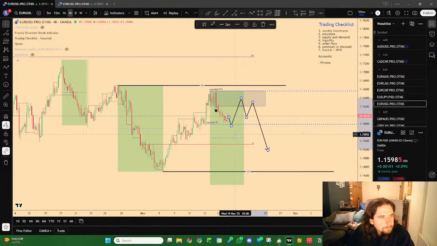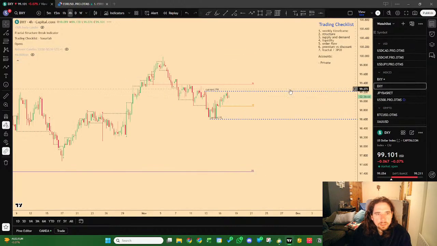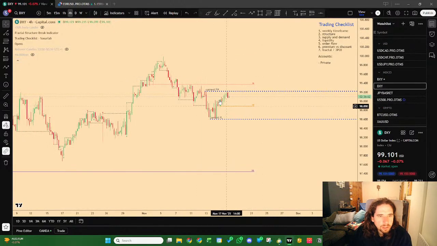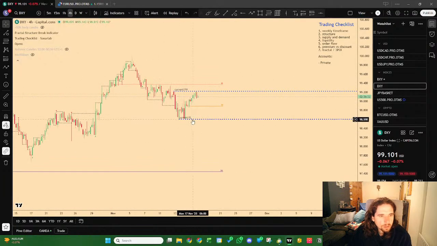That's a possibility. I do want to see it take that liquidity though. That's something I do want to see before we investigate further. The DXY on the 4 hourly is close to being fractal bearish, bullish, and that could set things off again.